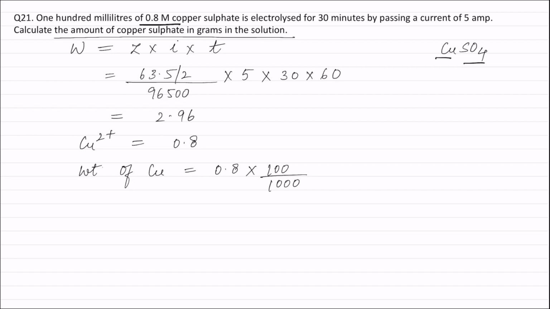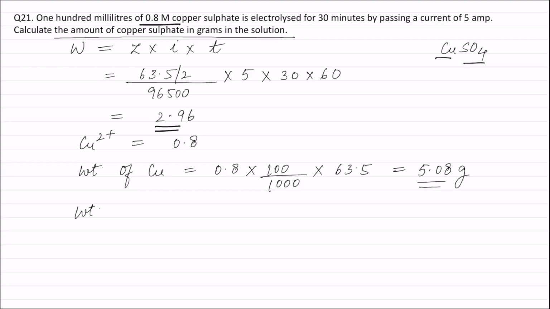This gives the moles of copper present initially in the solution, and multiplying this by the atomic weight of copper, that is 63.5, will give the weight of copper present initially in the solution, and this is equal to 5.08 grams. Now, out of this 5.08 grams, 2.96 grams is deposited.